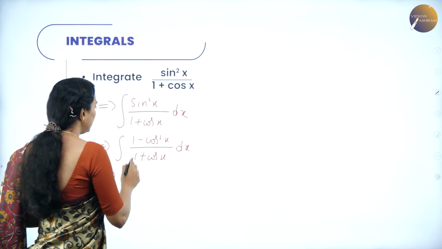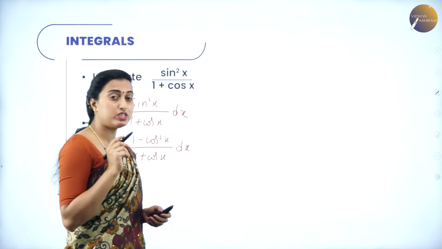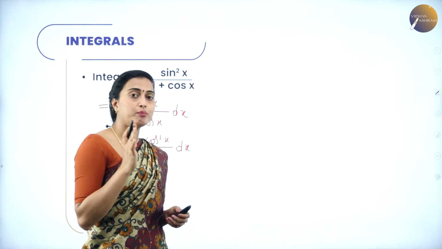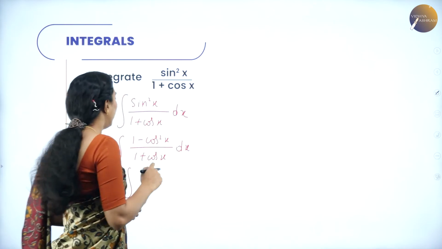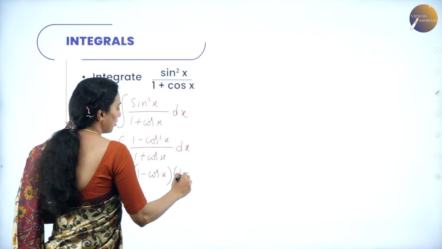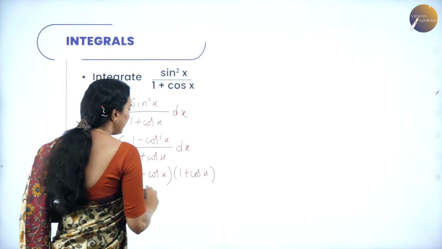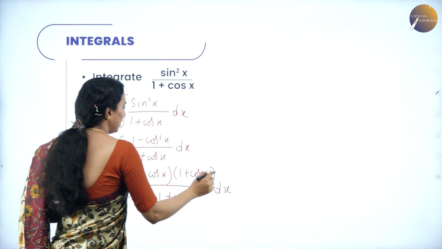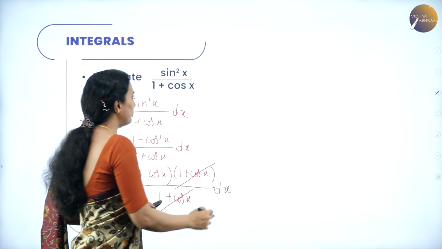This can be written as integral of 1 squared minus cos squared, which is in the form of a squared minus b squared. A squared minus b squared is a minus b into a plus b. Therefore, we can have 1 minus cos x into 1 plus cos x divided by 1 plus cos x into dx. Now 1 plus cos x will go.